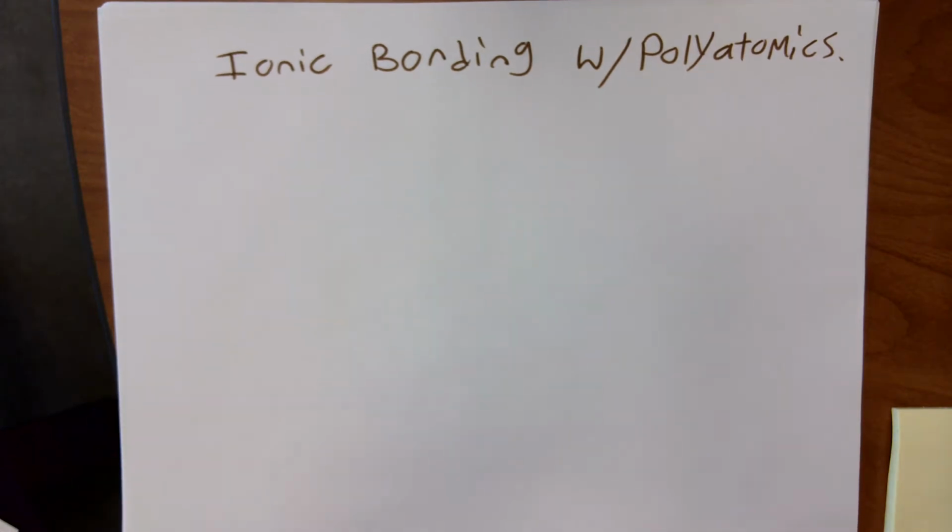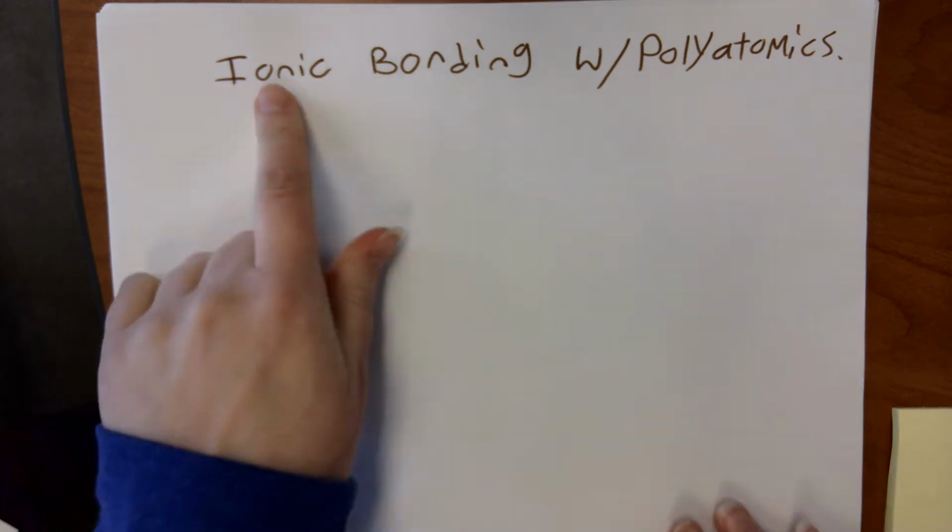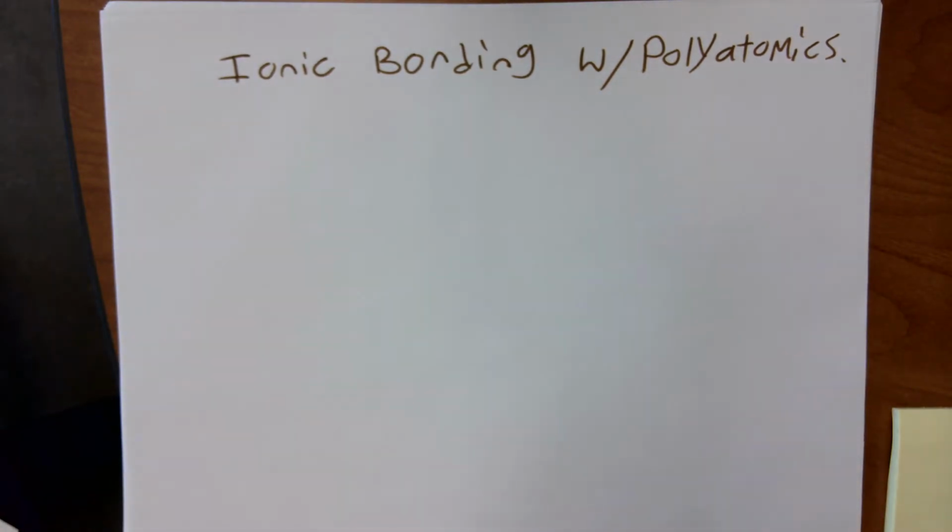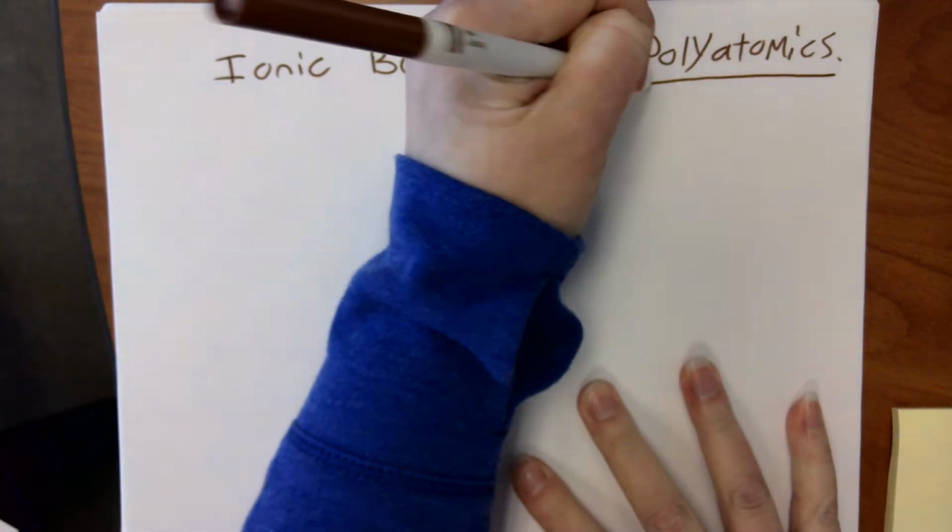Hello, physical science. I wanted to show you how to do some ionic bonding with polyatomic ions, just to show you how it works, to take the intimidation out of this word.